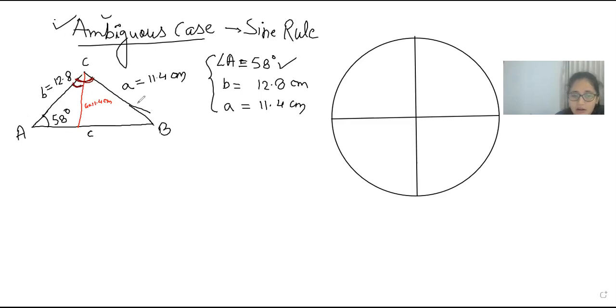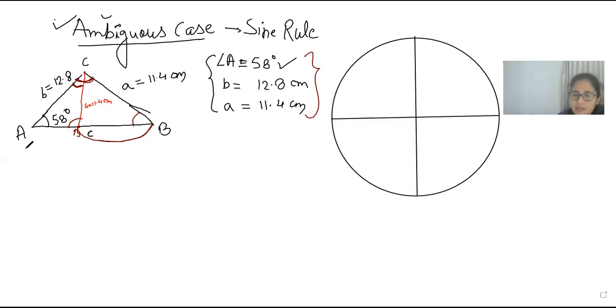Similarly, for the first triangle, angle B is an acute angle. But in this case, when point B is shifted from here to here, angle B is an obtuse angle. That means from the same given data, we can draw two triangles. Let's see how to prove it.